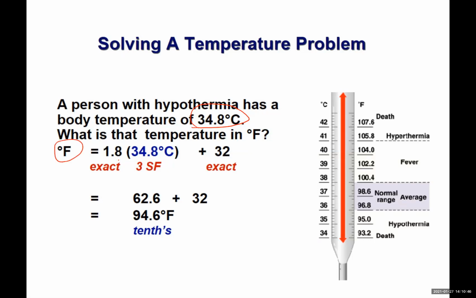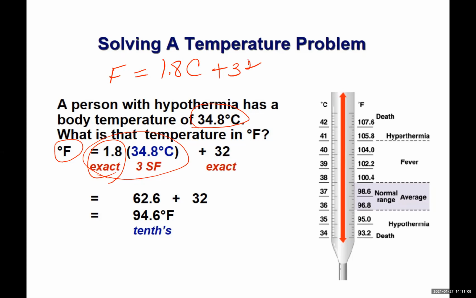Fahrenheit is 1.8 times degrees Celsius plus 32. So you multiply these two. Guys, 1.8 is coming from a formula. Say Fahrenheit is 1.8 C plus 32.